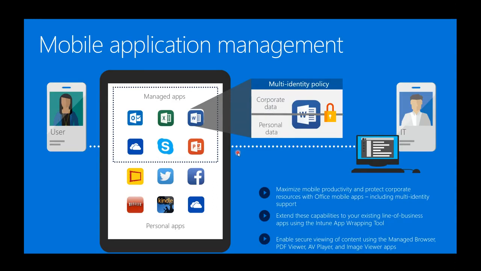I cannot have two Word applications, but the mobile application management platform of enterprise solution by Microsoft over here is giving you an opportunity to read both the data in the same application, yet the corporate data will be classified separately.